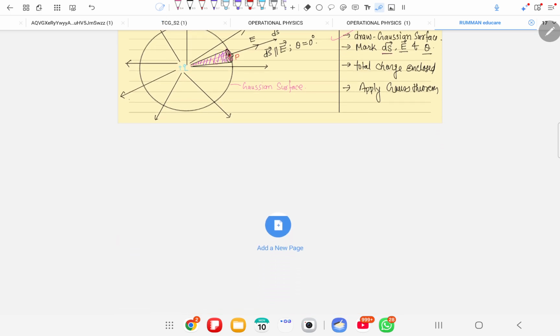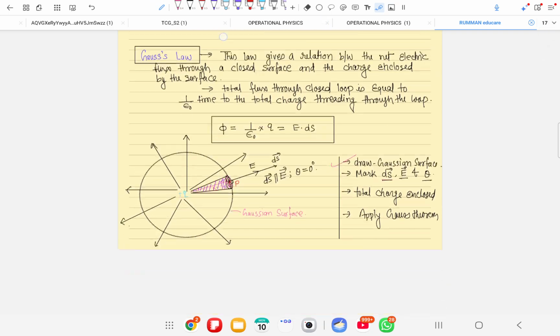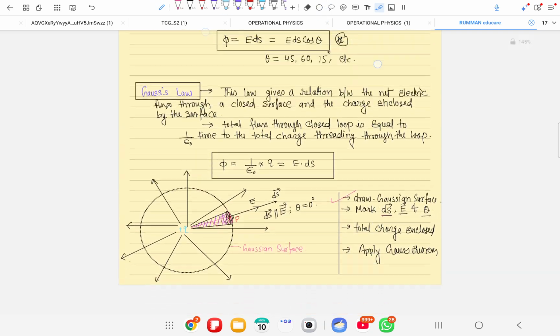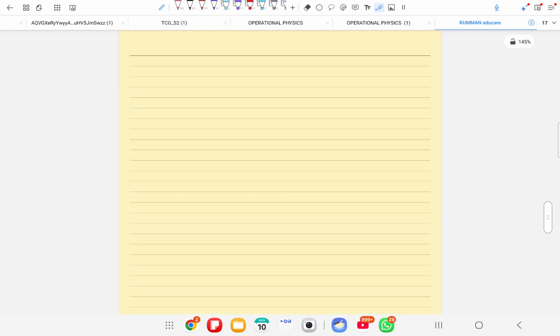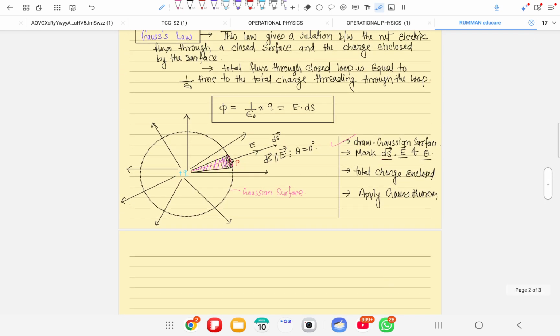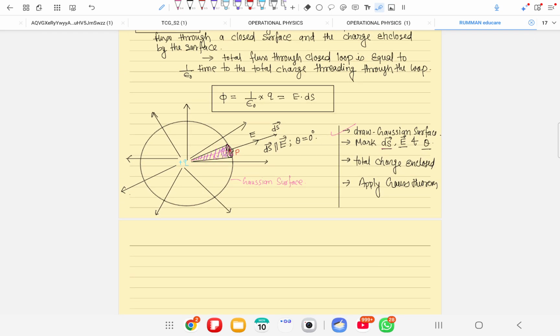First we have to decide the magnitude of the electric field at this point. The total charge enclosed is plus q, and this is a symmetrical surface around which the charge is distributed.